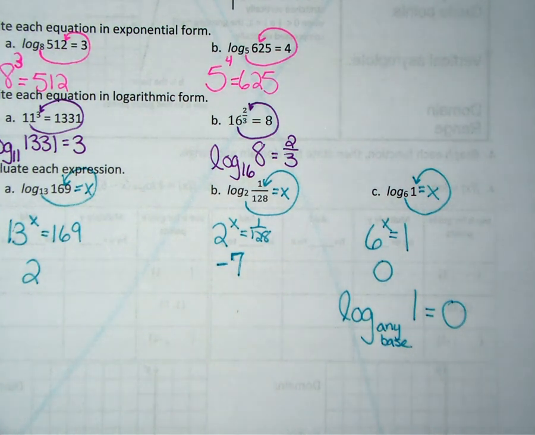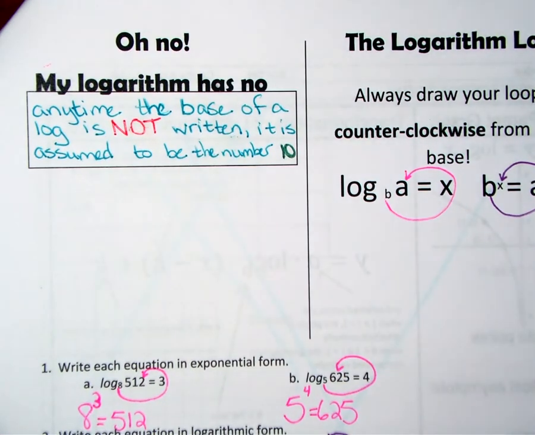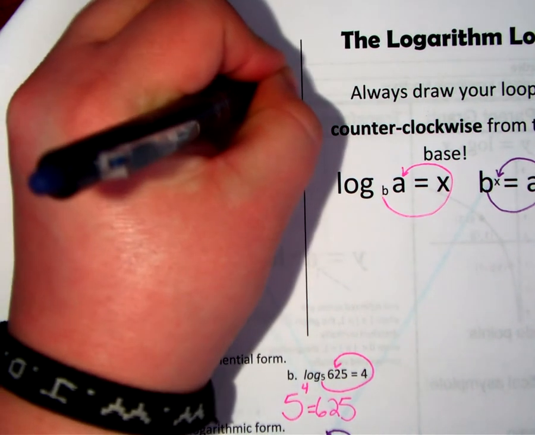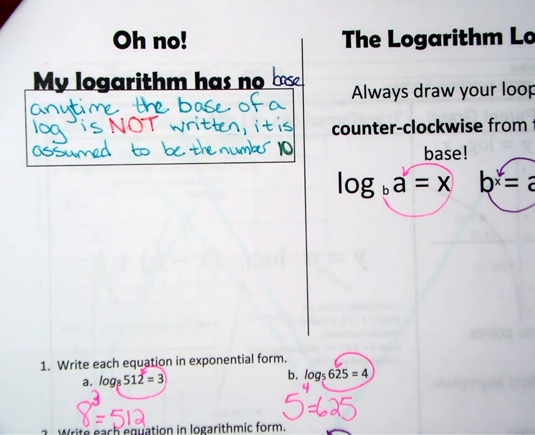The last little thing I want to talk about is this idea of a common logarithm. If you see something that has no base, then you should assume that the base is actually 10.